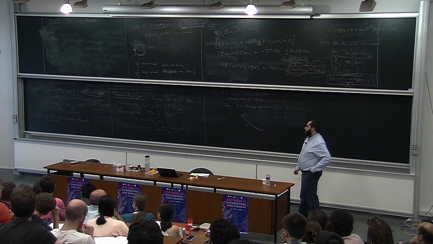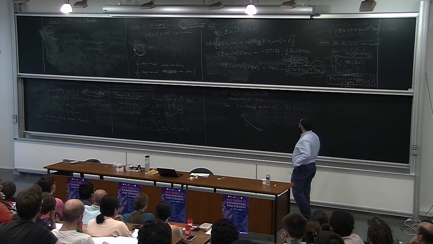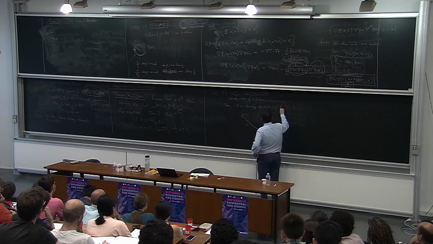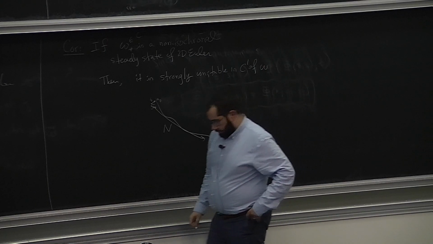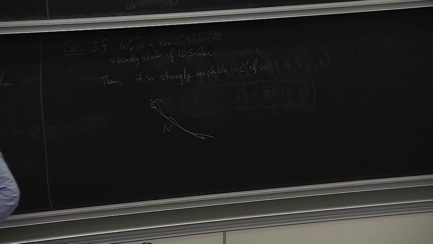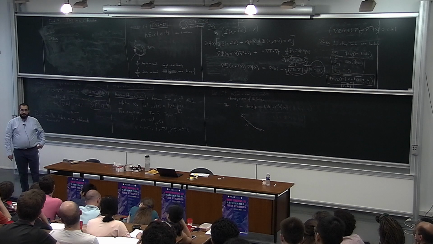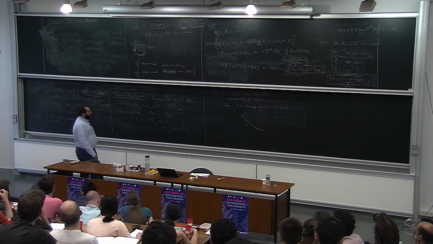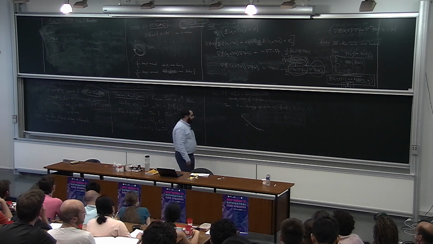Unstable in C1 norm of vorticity? Yeah, so I'll get to that point. In some sense, it's telling that C1 is not the right norm if you just want to look at stability issues or long time issues.